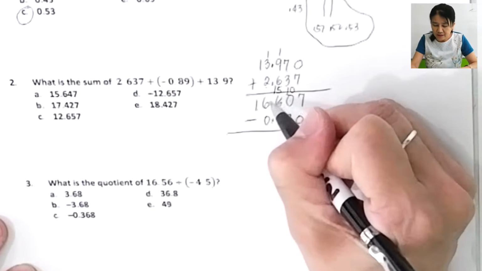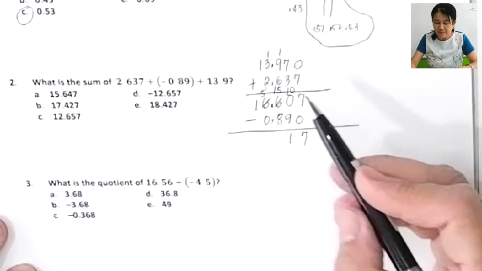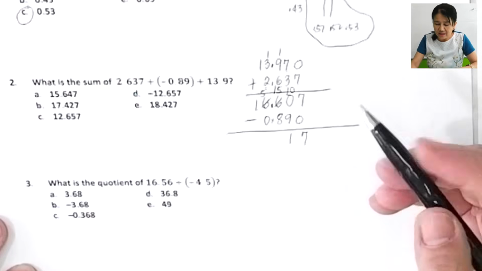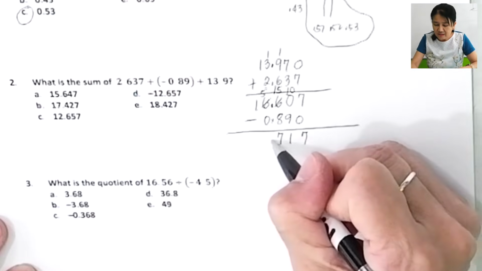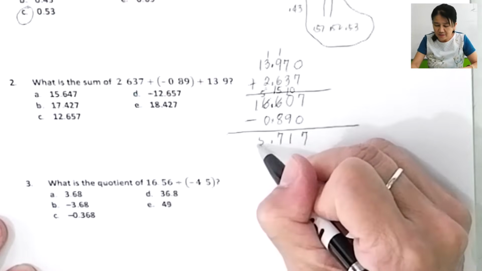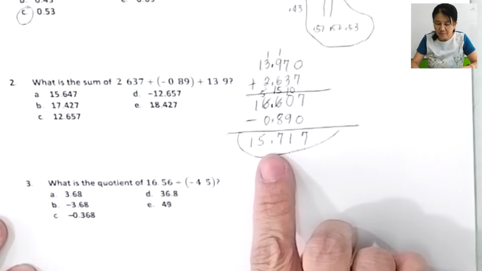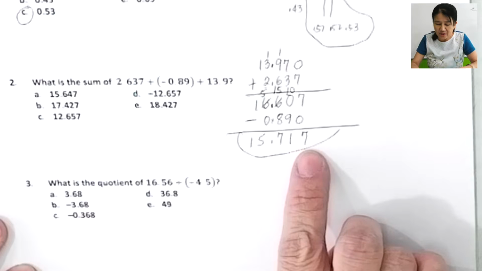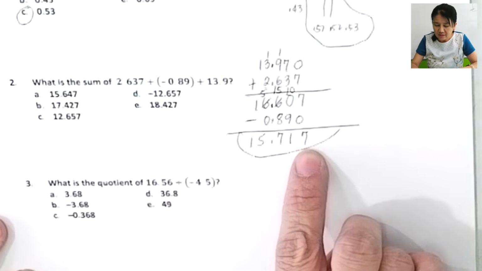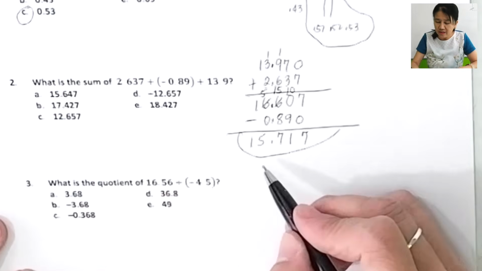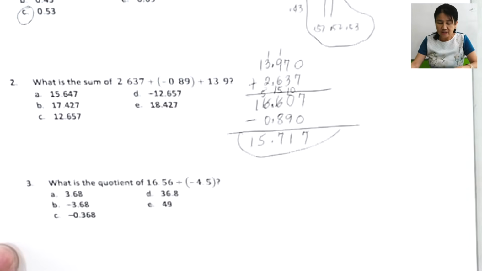Borrow 1 again. This becomes 15. This becomes 5. 15 minus 8 is 7. Then 5 minus 0 is 5. Bring down 1. So the correct answer is 15.717, which is not here. Why not here? So the correct answer is 15.717.